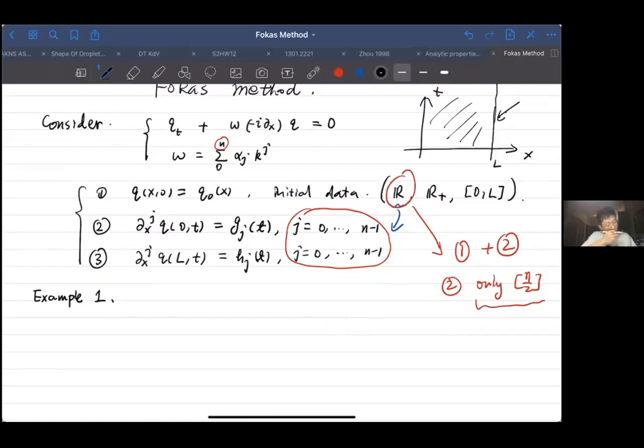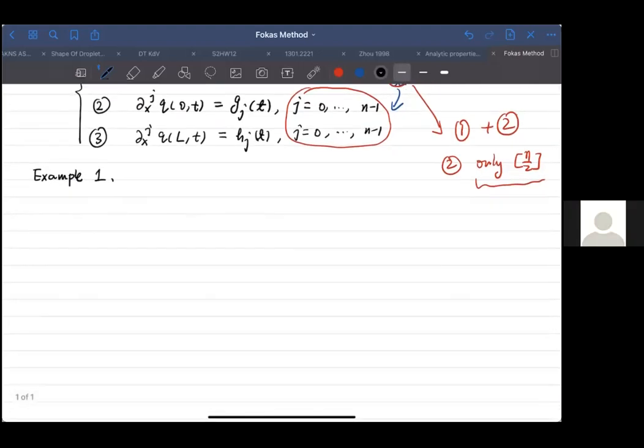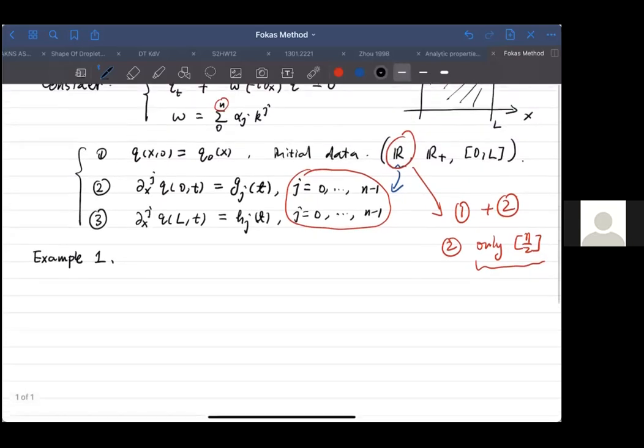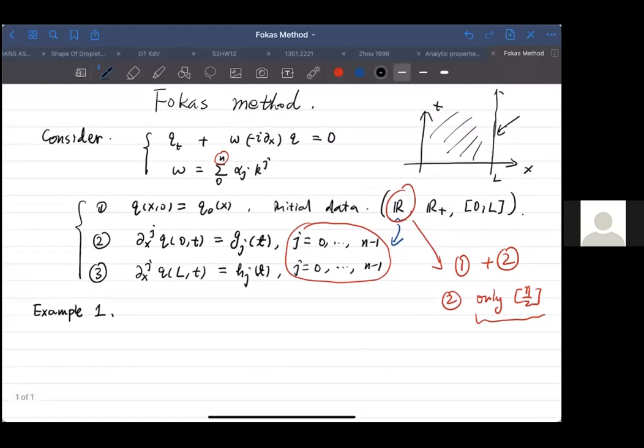Let me think which example to go first. Okay, let's do the following. If we define the interval x from 0 to L, how many boundary conditions do we need?